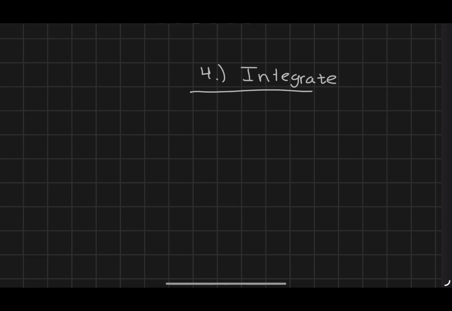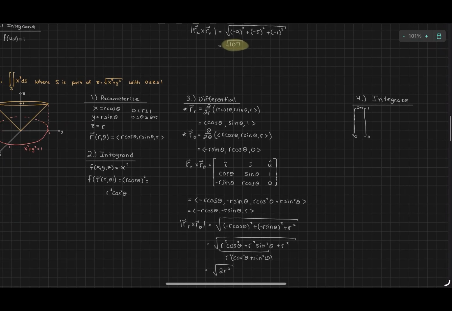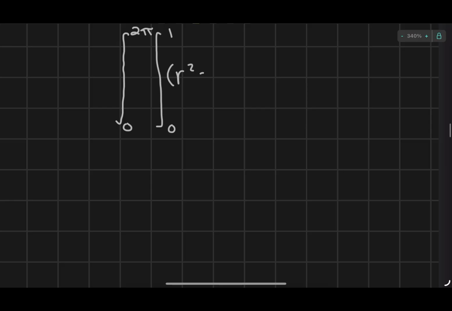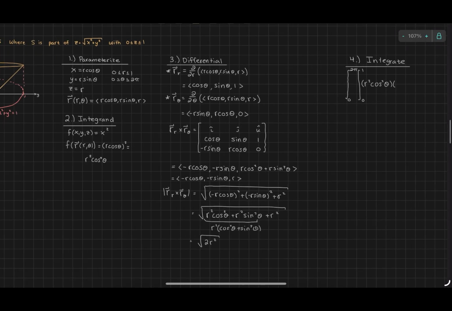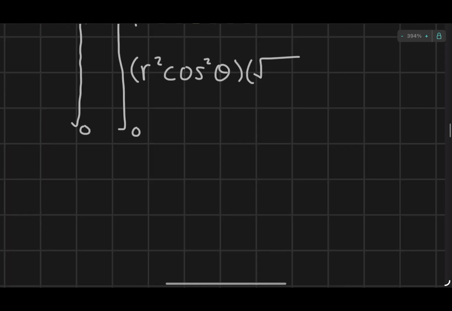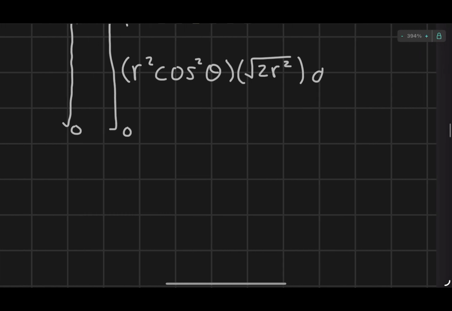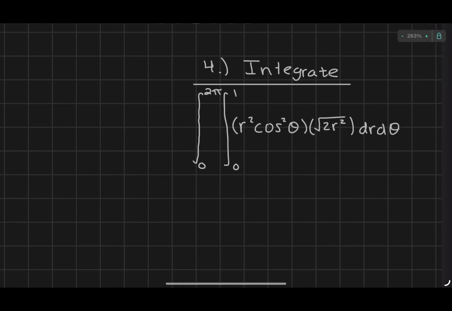Well, we are going to have the double integral from 0 to 2 pi, from 0 to 1, of our integrand, which was r squared cosine squared theta, times our differential, which was the square root of 2r squared, dr d theta. That is going to be our fourth and final step. We will just be setting it up and not evaluating.